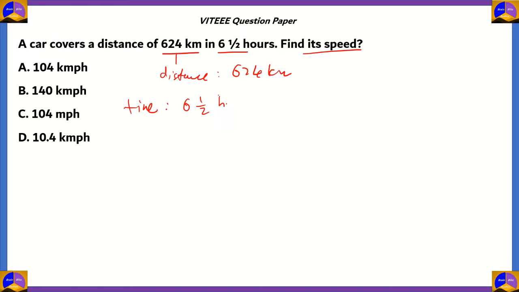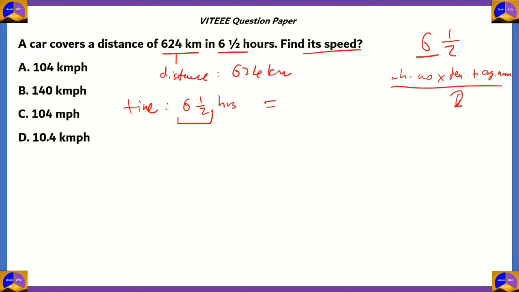Now we consider 6.5 as a mixed number, and if you want to convert this to an improper fraction, what you do is the whole number is multiplied with the denominator and then plus the original numerator, and then this quantity is divided by the denominator.